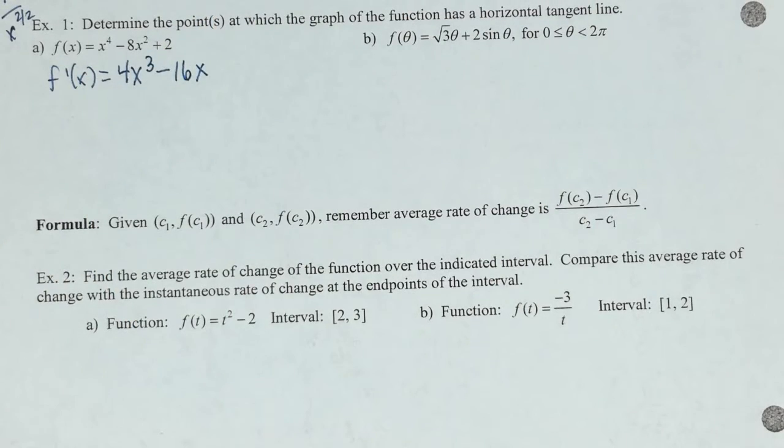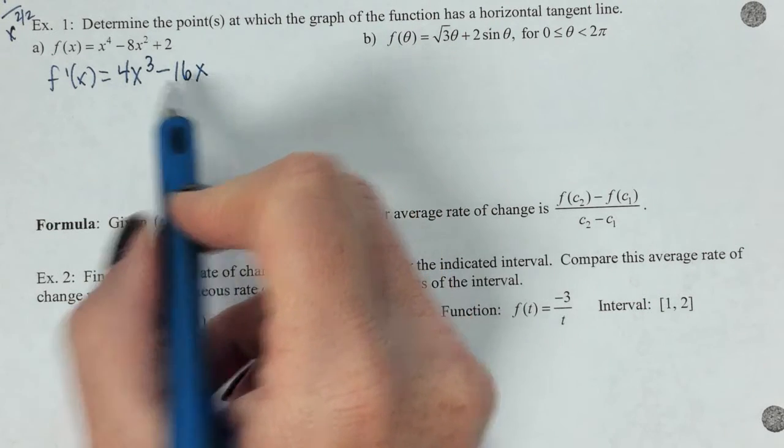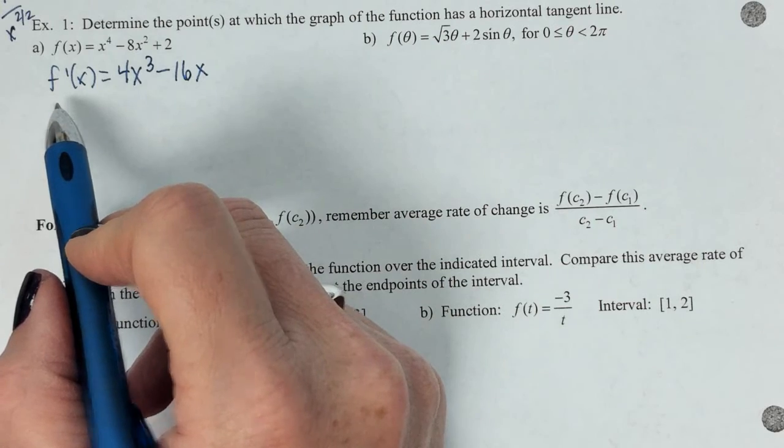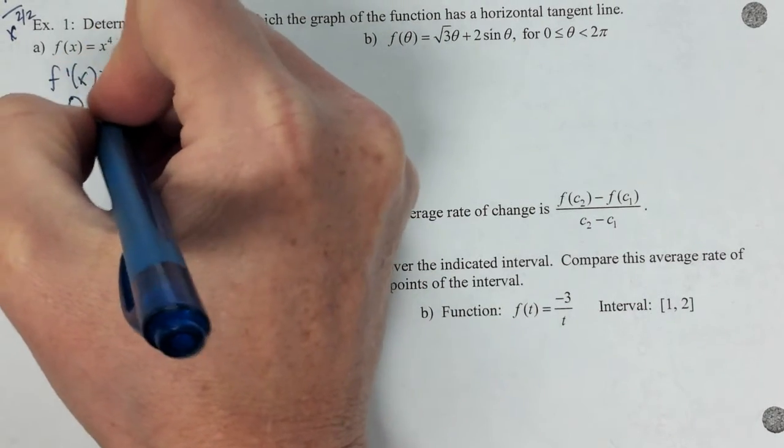Okay, so that's it. That's going to be our derivative. So once we have our derivative then, what do we say we're going to set it equal to? 0. So we're going to set this equal to 0.